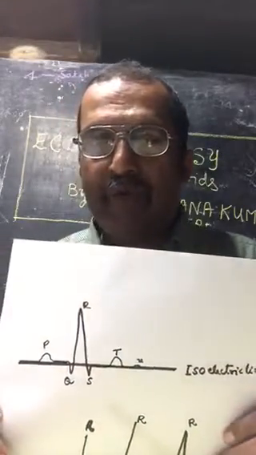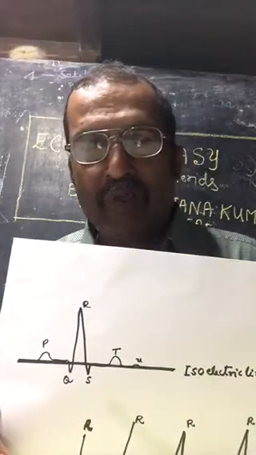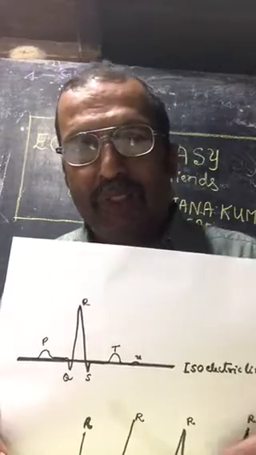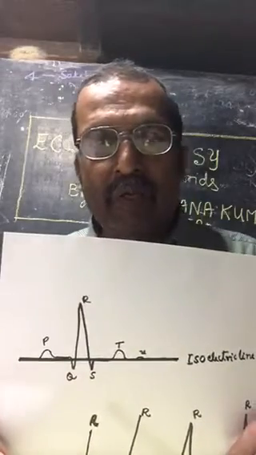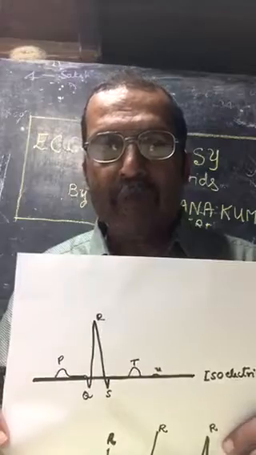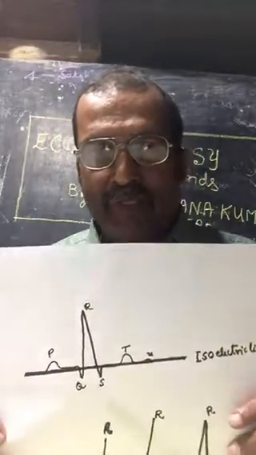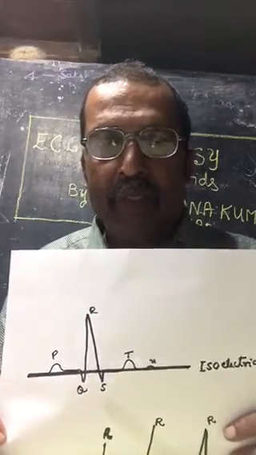First, identify the P wave, QRS complex, PR interval, QRS time, heart rate, ST segment elevation, if any. This is the correct order of reading an ECG. In the coming days, I will explain some abnormal ECGs which come into our practice.